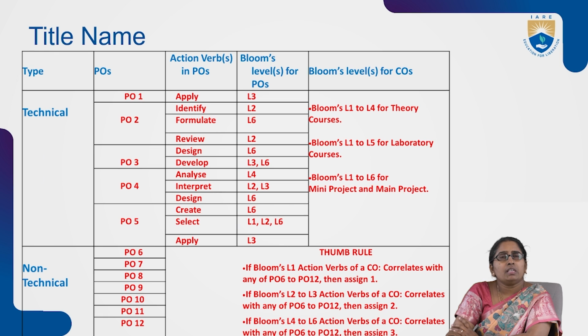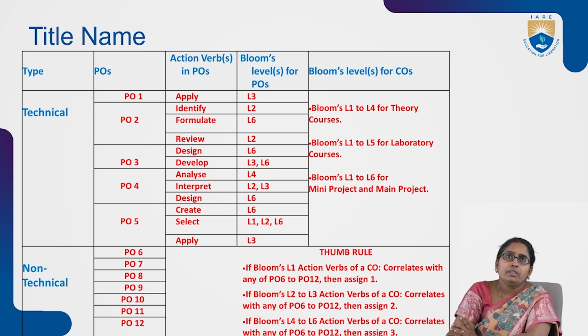So here we can see for the technical type, generally they use POs numbered from 1 to 5, only 1 to 5.